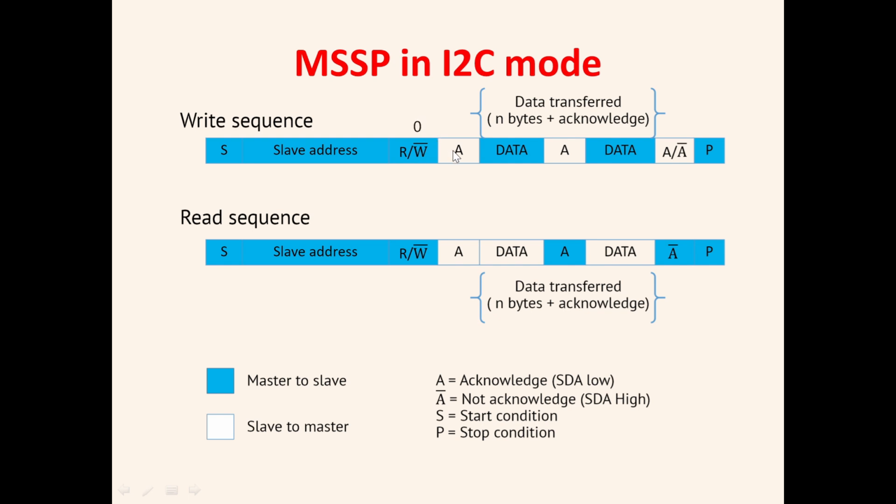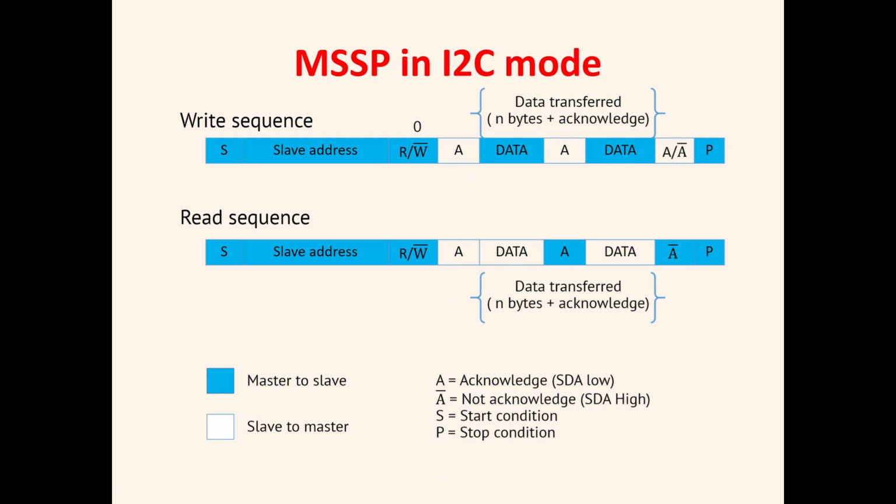After initiating the start and slave address, there has to be a response initiated from slave to master, and that is nothing but acknowledgement. Whenever acknowledgement comes in, your SDA signal will be active low, and when there is no acknowledgement, your SDA signal will be high.